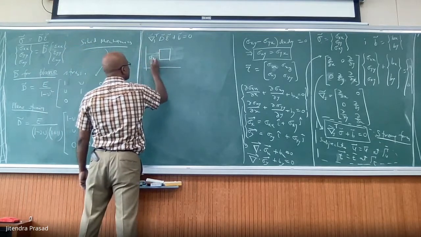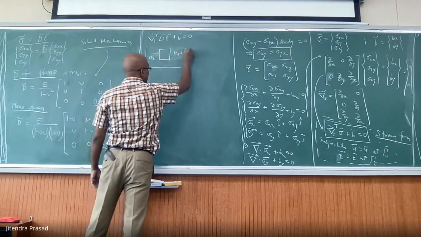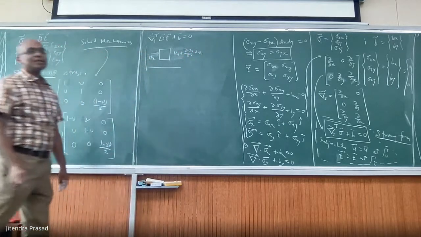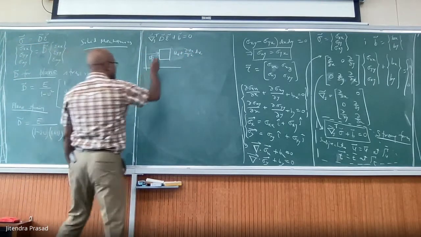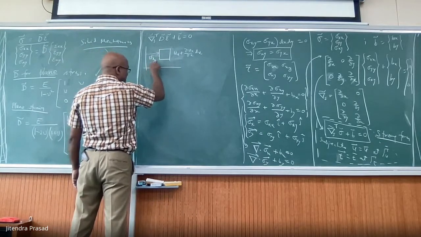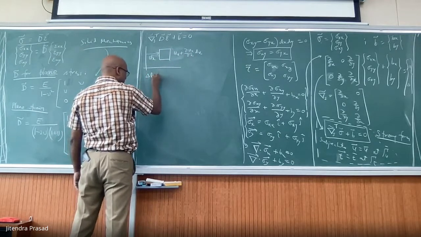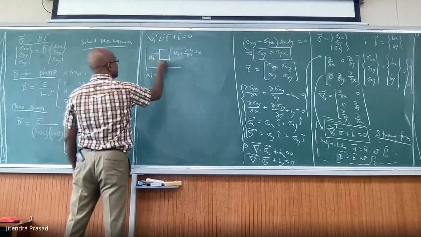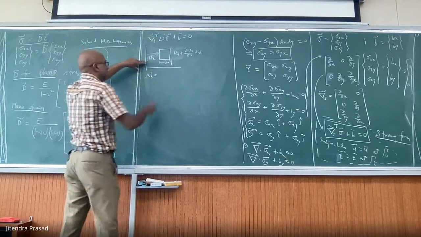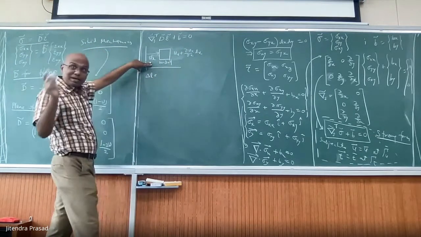Here you have ux plus del ux over del x dx. So from here to here is dx. Initial length was dx.